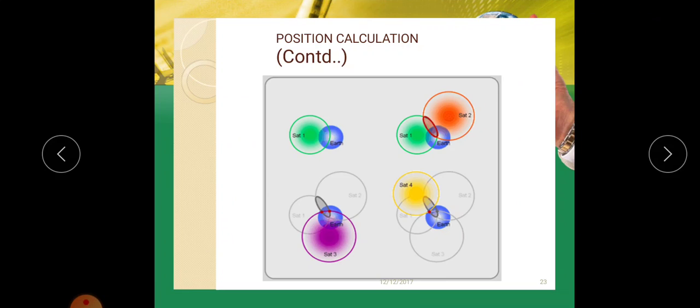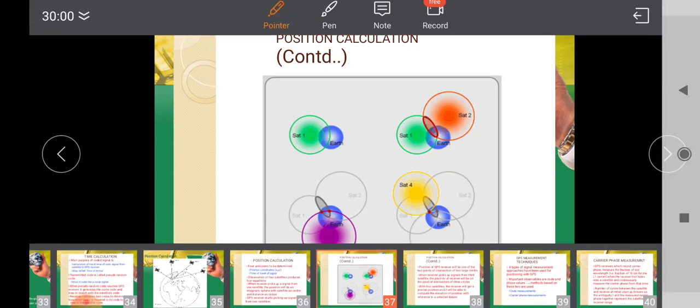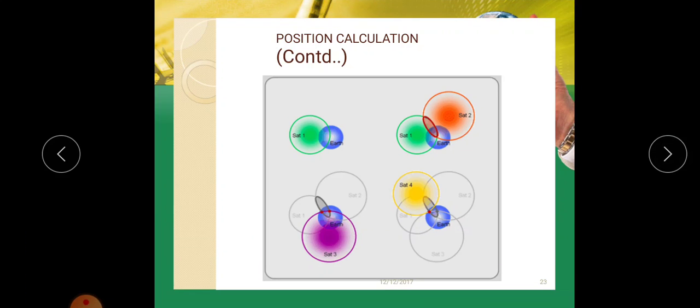That is, there are 2 imaginary circles created, and so there are 2 points of intersection. This is one point of intersection, this is another. Okay, so here there are a number of possible points and now the point is reduced to 2. The GPS receiver will be at either of these 2.